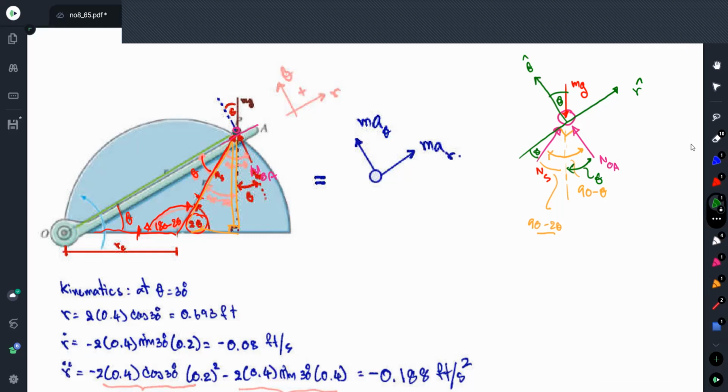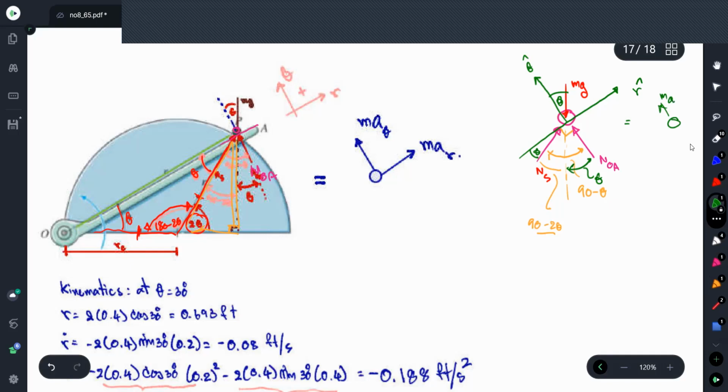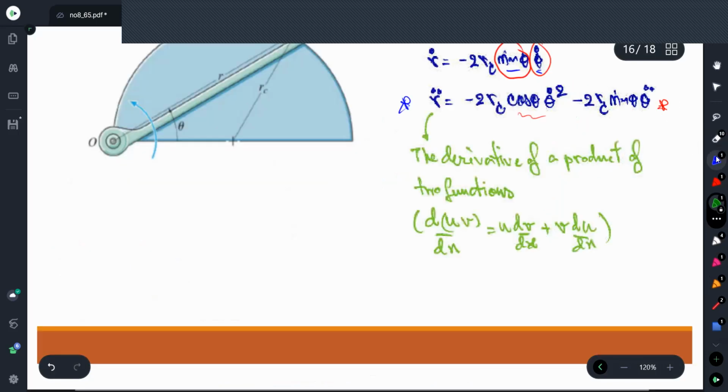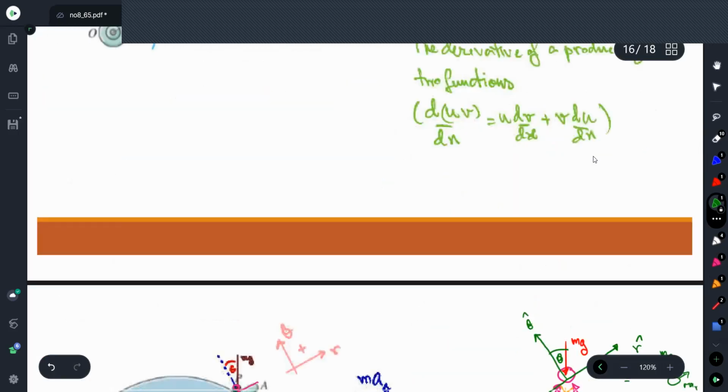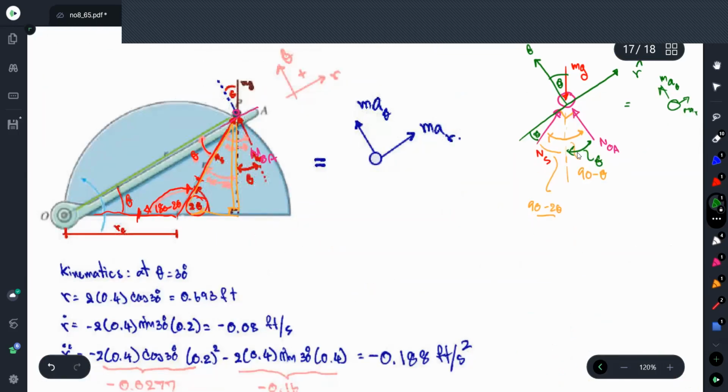That's why we have the free body diagram here. And for this case, m a theta and m a r, from the free body diagram and kinetic diagram.